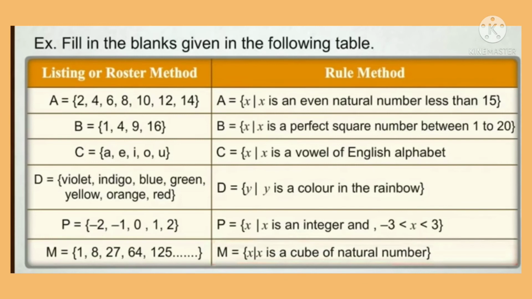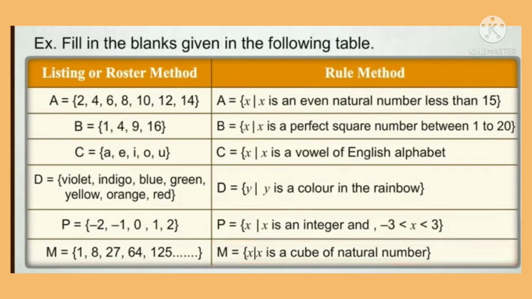Example: fill in the blanks given in the following table. Listing or roster method: A = {2, 4, 6, 8, 10, 12, 14}. Rule method: A is a set of x such that x is an even natural number less than 15.